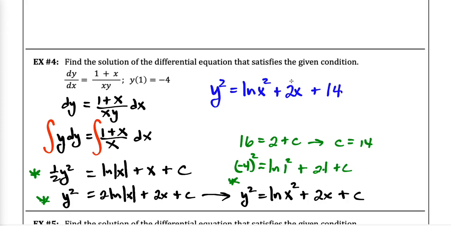Your C value is going to be different depending on which one of these three answers you pick. If I would have picked this previous one, well, actually that one still would have been 14. If I would have picked this one, then the C value would have been 7. So it matters which solution you plug it into or use to write your final answer. I mean, it's still correct, it's just annoying.